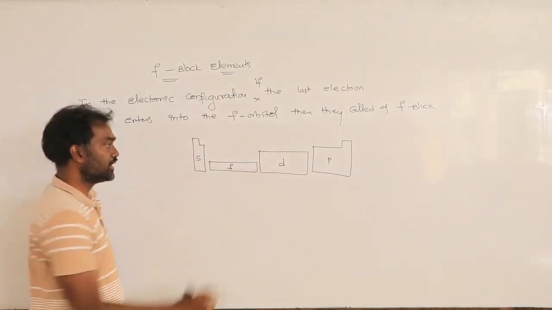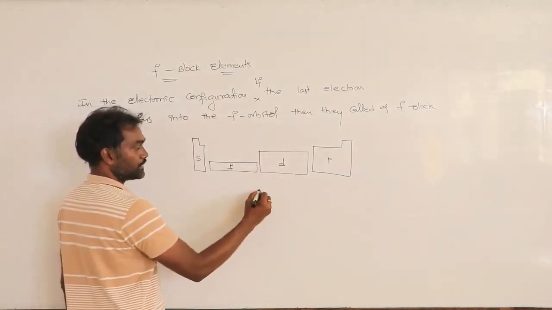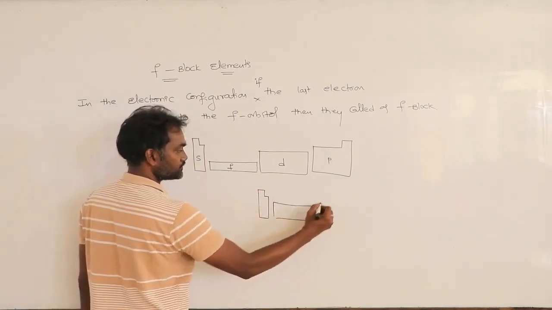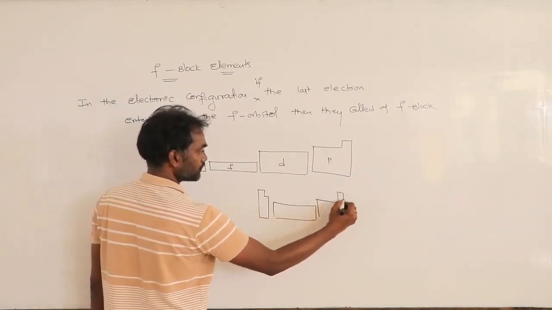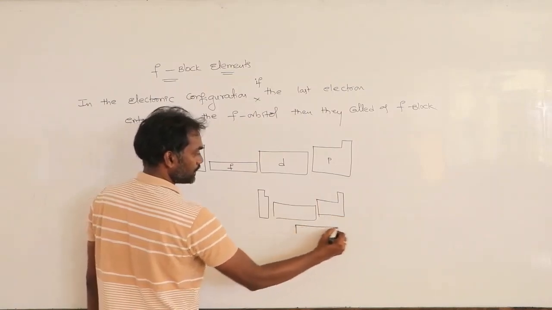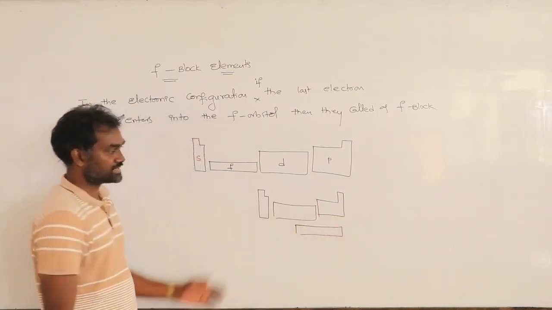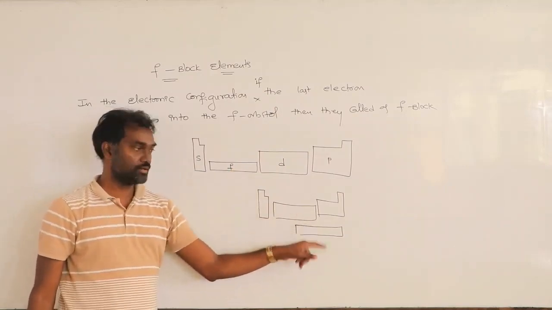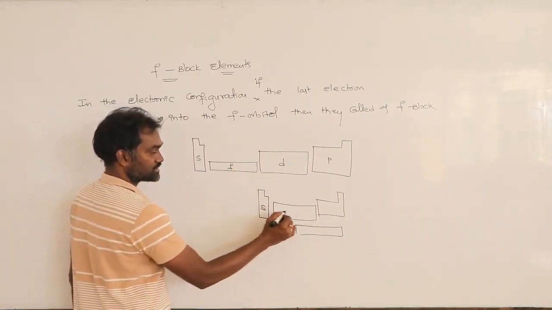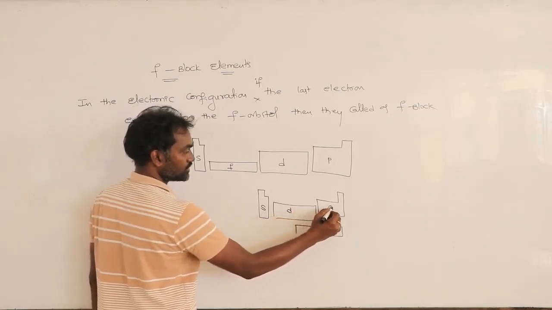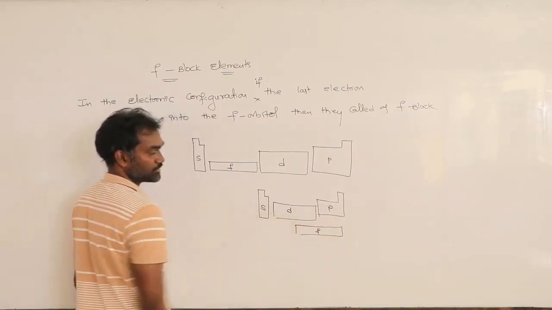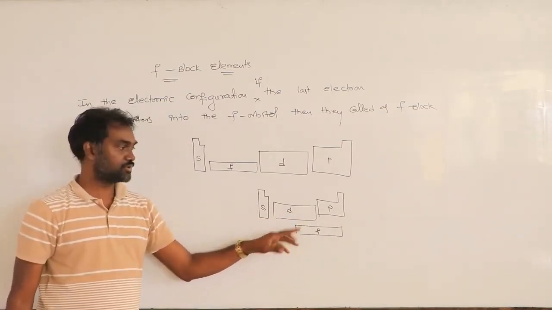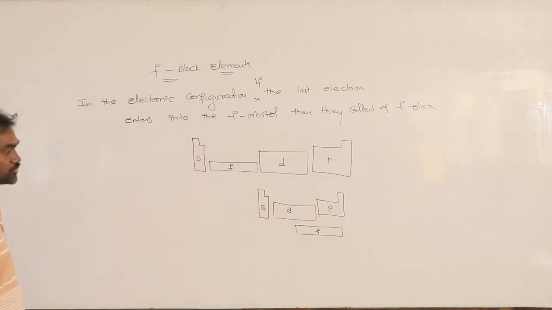So that's why what they did. So now our modern periodic table is like this. See, to decrease the size of the periodic table, this F block is taken down only. So this is S block, D block, this is P block, this is F block. See, F block contains two periods. Two periods are there, 14 groups.